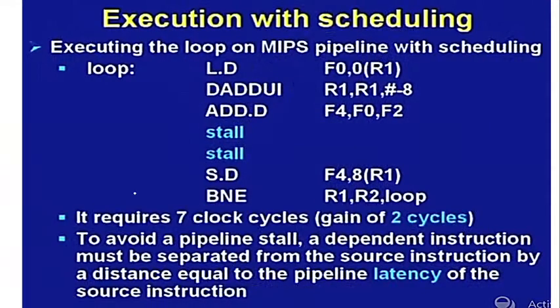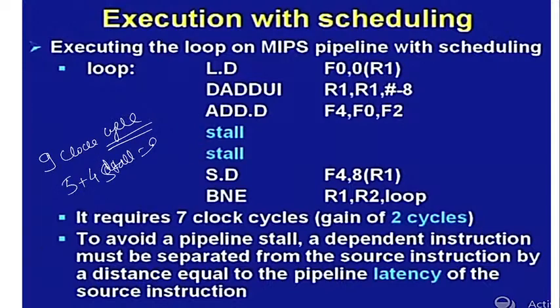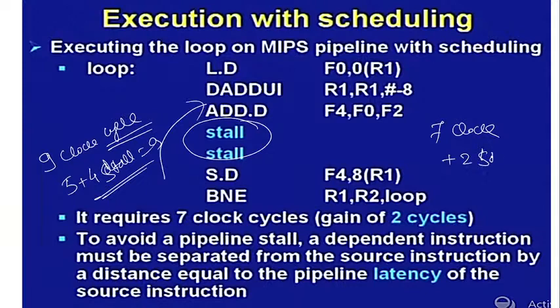Earlier the loop was taking 9 clock cycles. There it was 5 instructions plus 4 delays, 4 stalls, so total 9. Now here there are 2 stalls, meaning 5 instructions and 2 stalls.